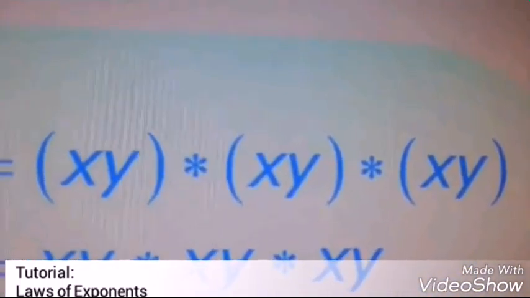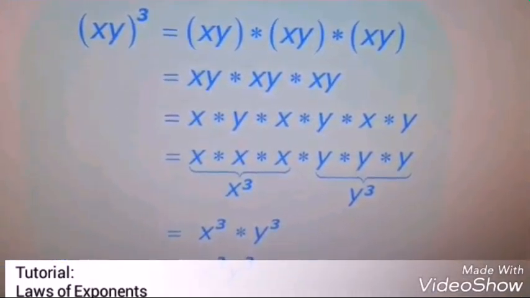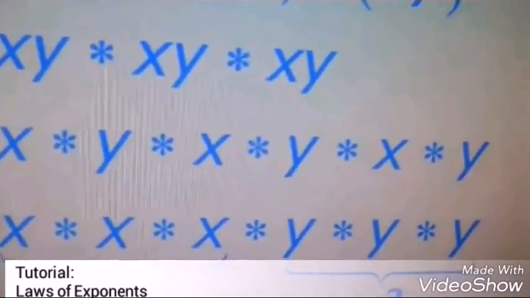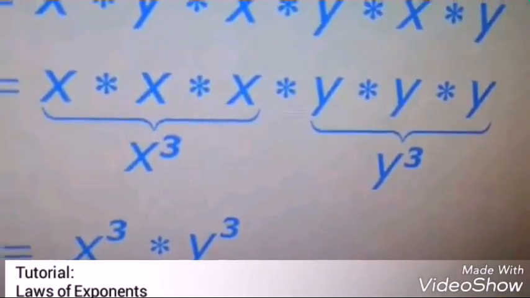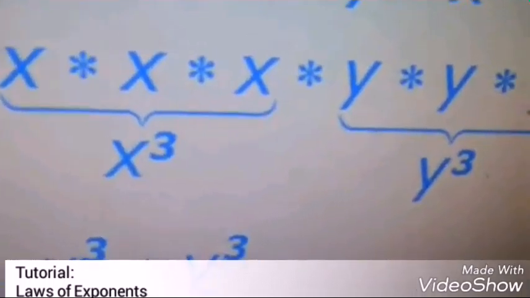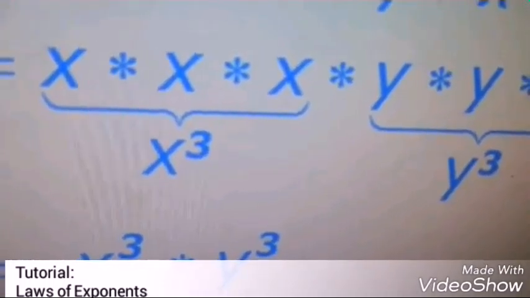xy times xy times xy. The next step is we have to separate all the variables like this: x times y times x times y times x times y. And then we will combine the similar variables. x times x times x equals x cubed.